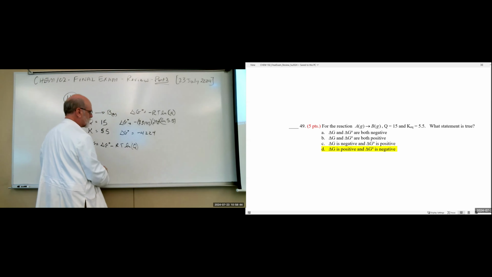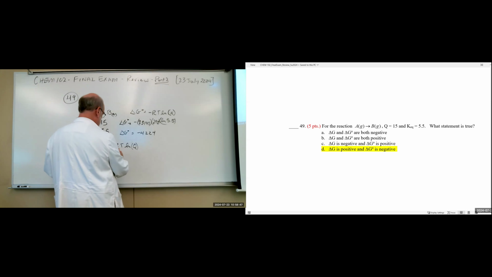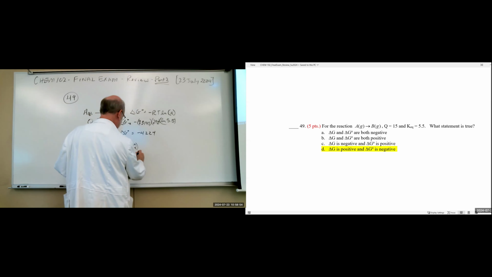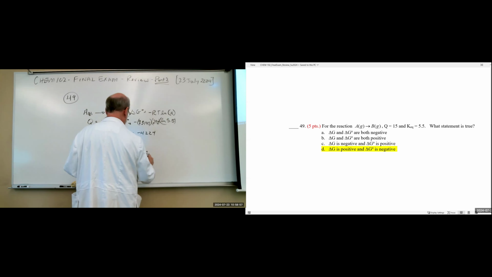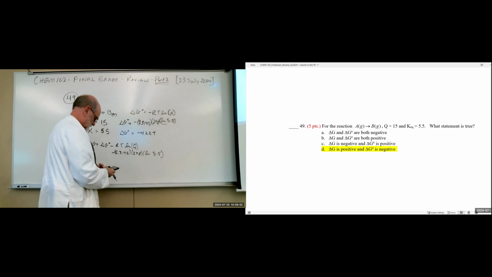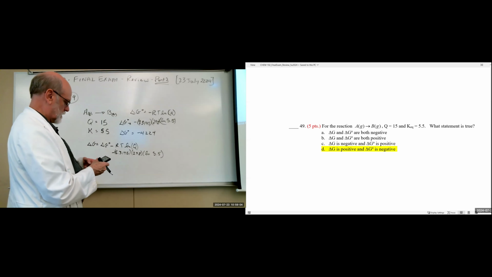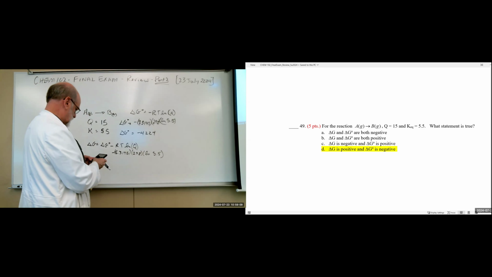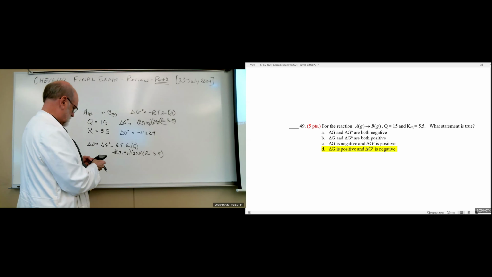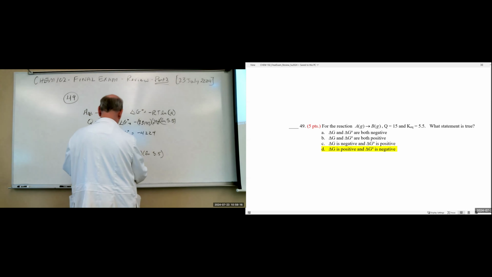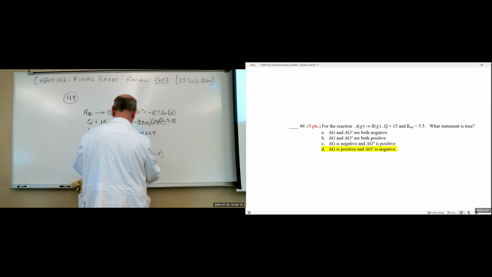We just need RT log Q. So this would be 8.3145. This would be 298 K. And this would be log of... 5.5, take the natural log, times 298, times 8.3145. And that's delta G equals minus 4,223.